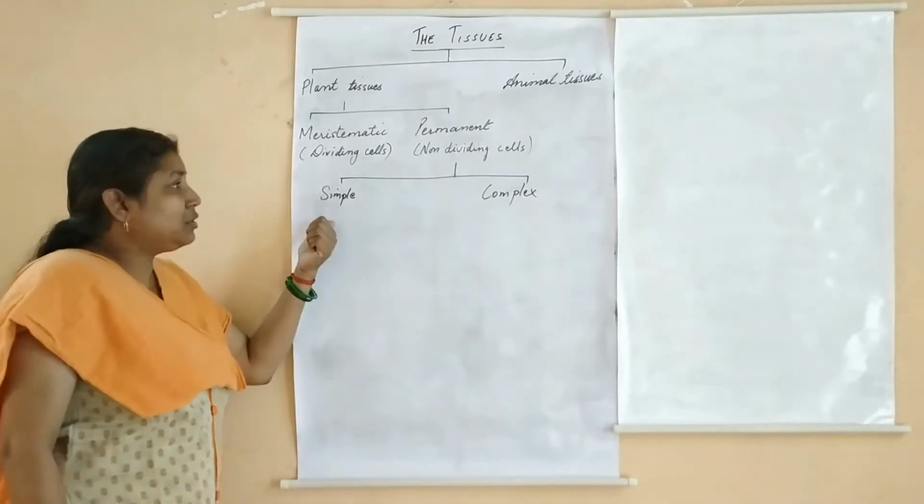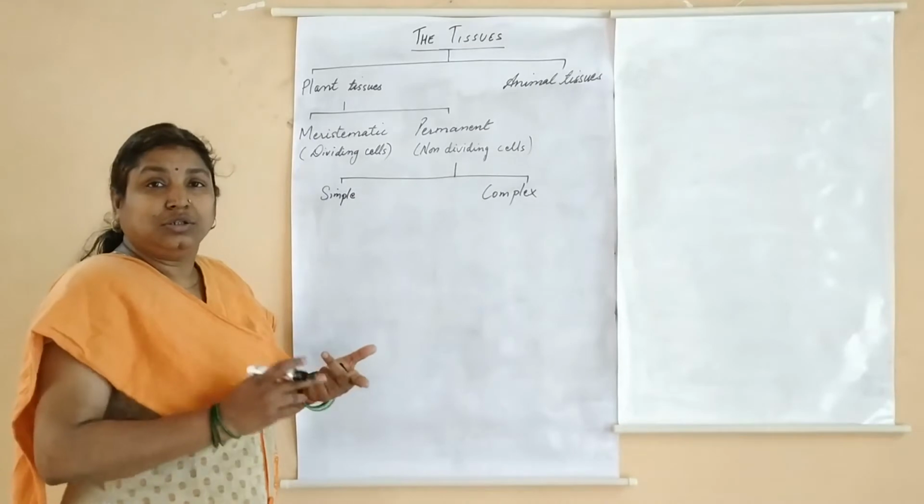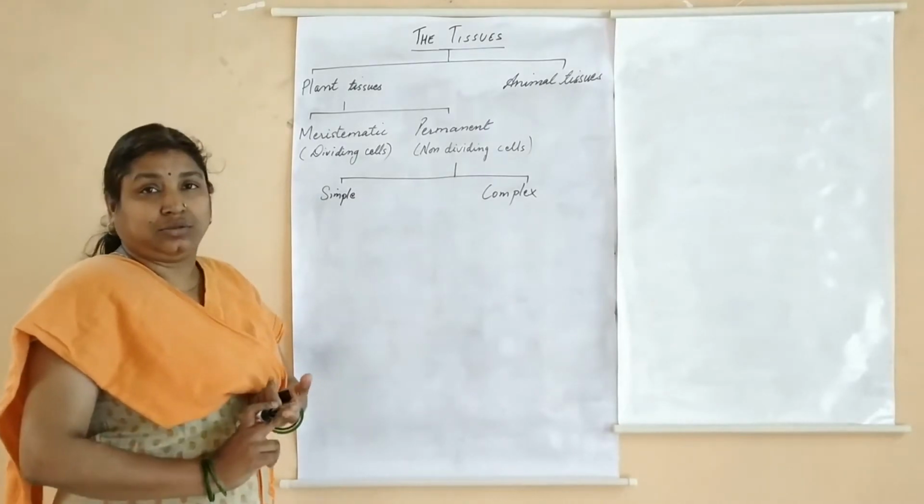The main function of permanent tissue is protection, support and conduction.